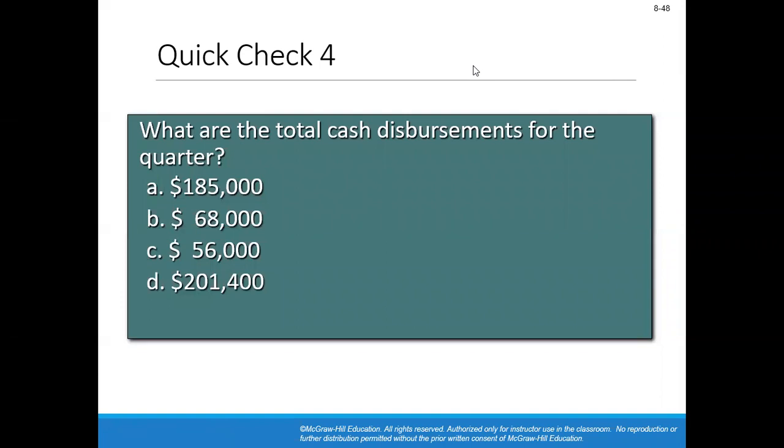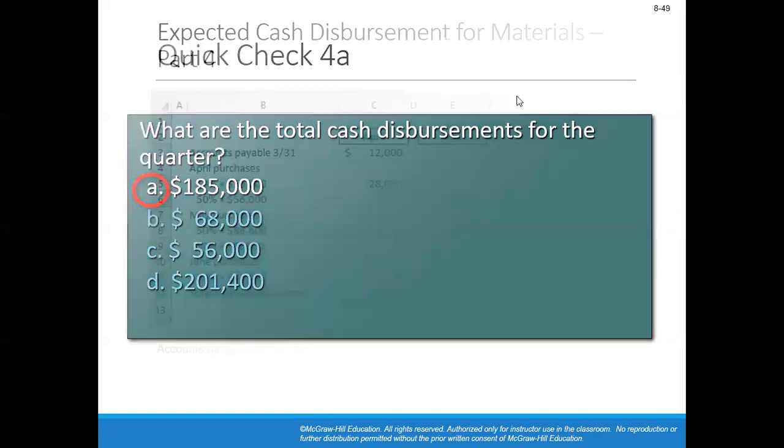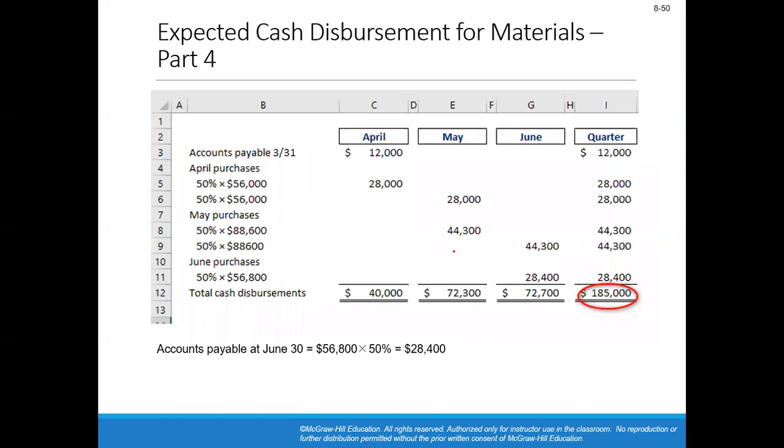It is 88,600. So out of the 88,600, how much will I be paying in the month of May? Half. That is 44,300. And I'll be paying the remaining half, 44,300, in the following month.